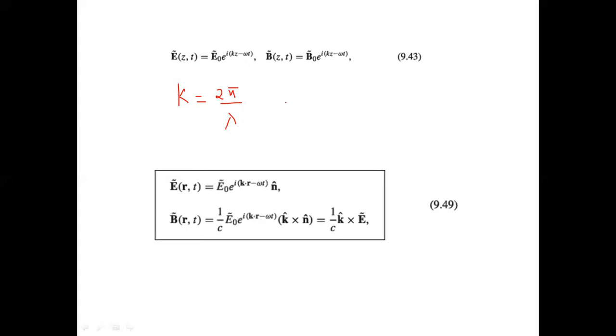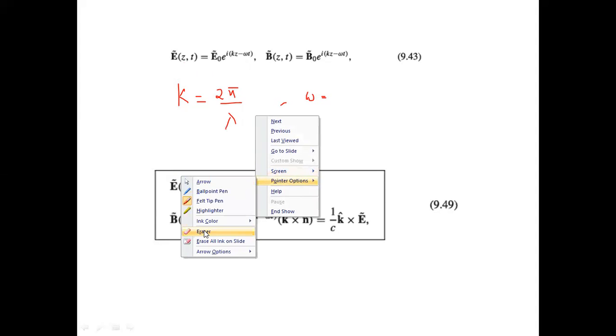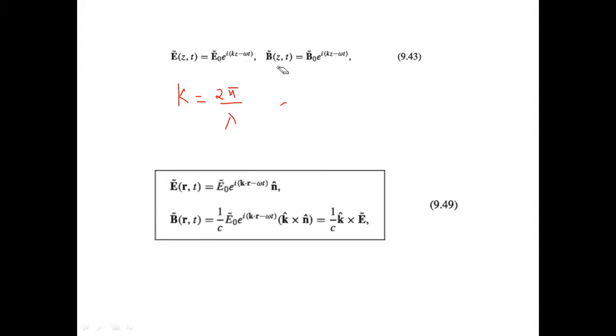And this omega is the angular frequency, and t is the time. Now on these solutions there are some additional constraints applied by Maxwell's equations such that the resulting solutions are of the form that is given here.